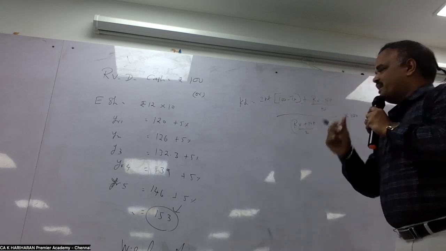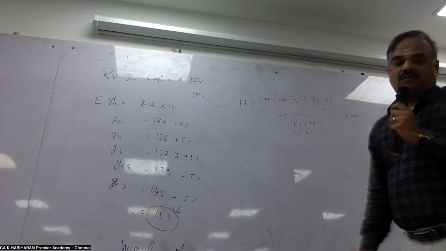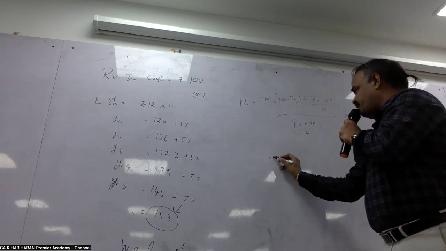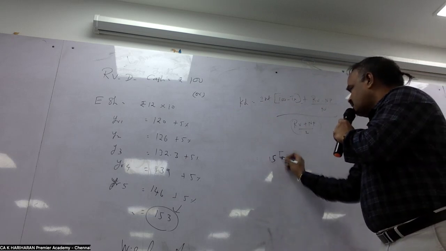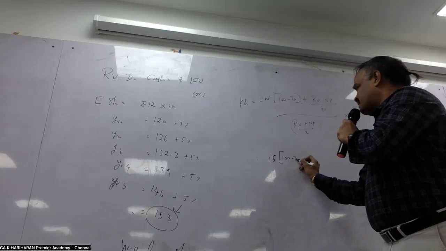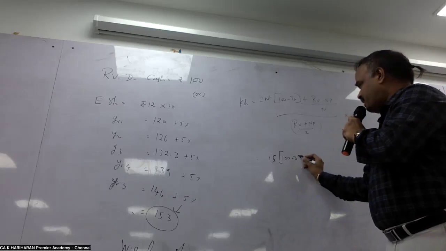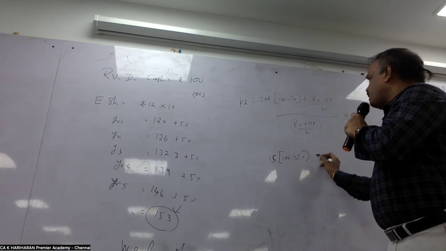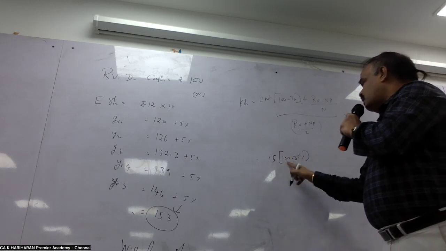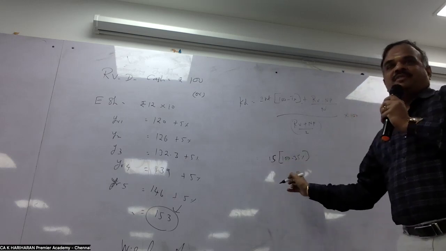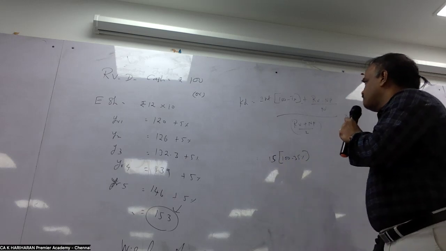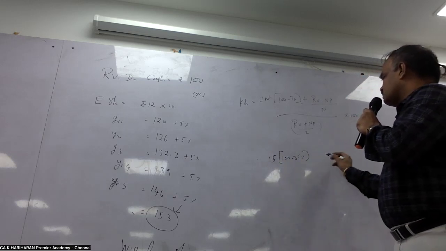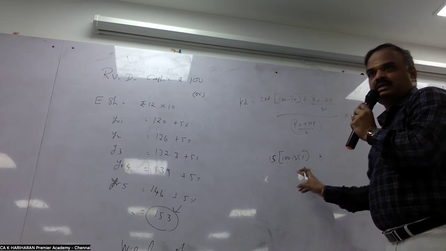So what is the interest rate? 15 into (100 minus tax rate). The remaining is 60%, 15 into 60% is equal to 9.